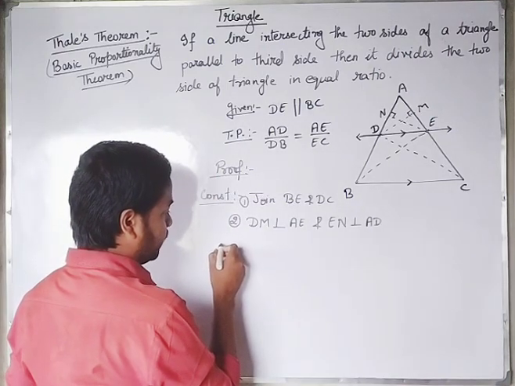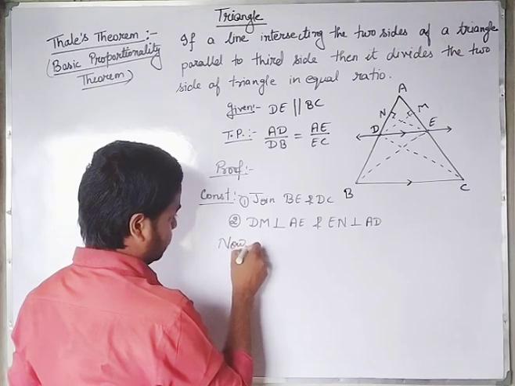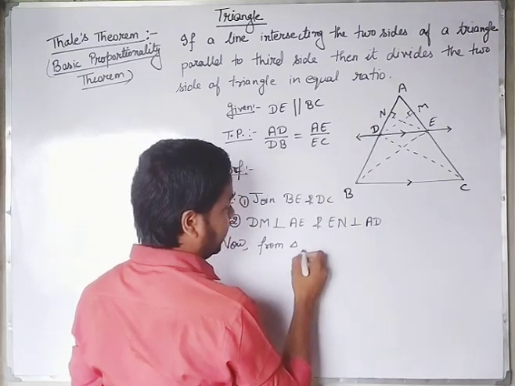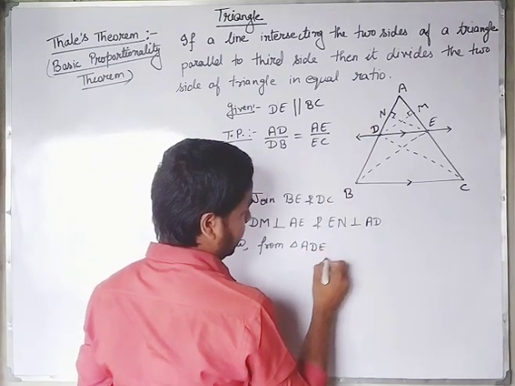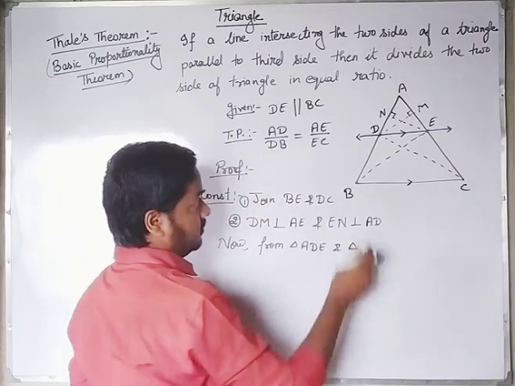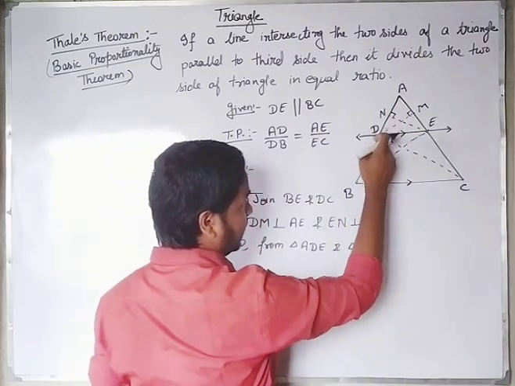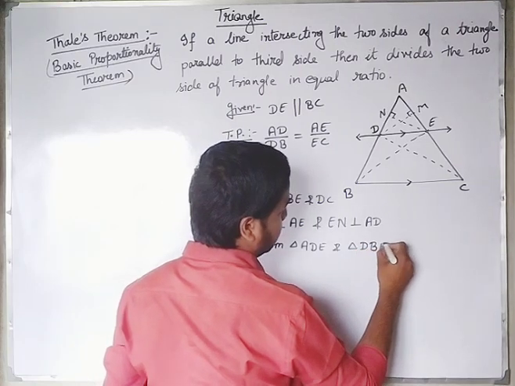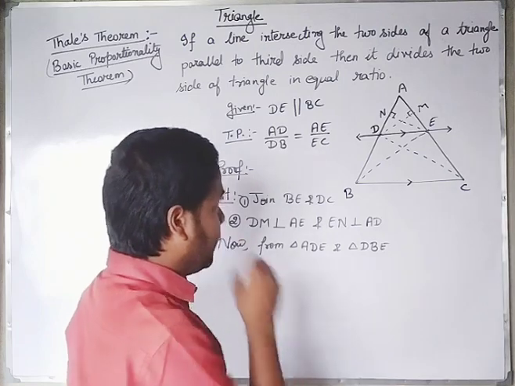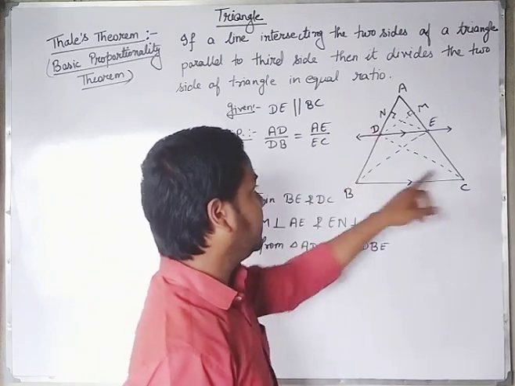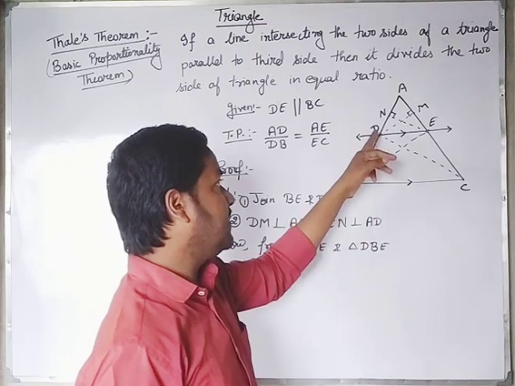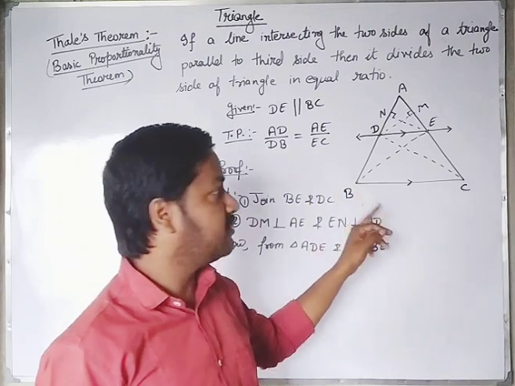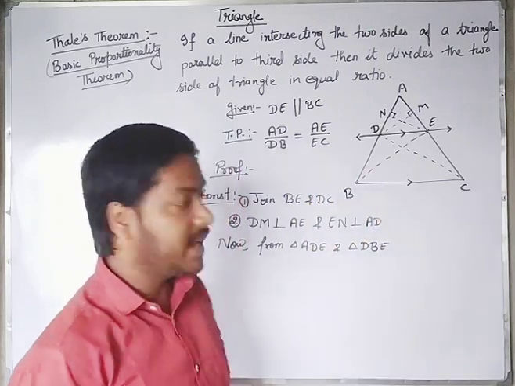Now from triangle ADE and triangle DBE, one triangle I will take the upper one, another one is the lower one. I can take DBC also, but if I take DBC, then I don't have the perpendicular or the height. That's why I have taken this one in order to find the area.